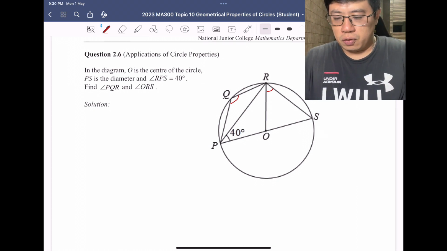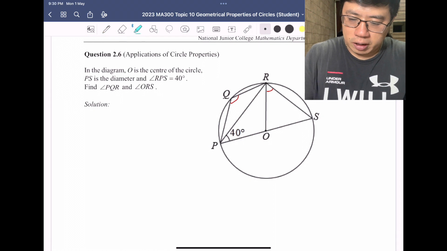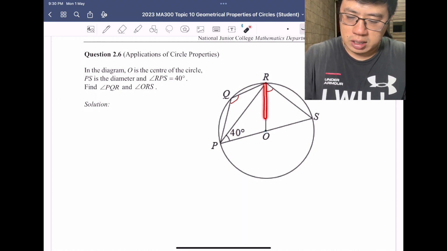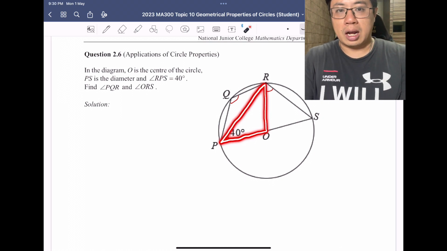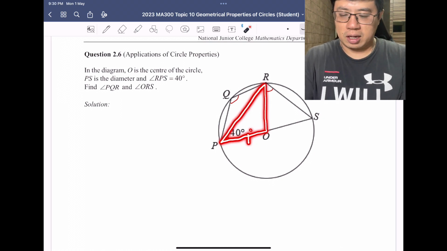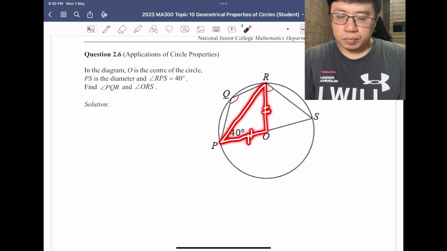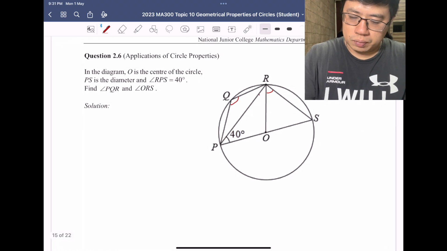Okay, so first, what can you notice is that this itself is none other than a right angle triangle. This is actually none other than an isosceles triangle. So that's one of the favorite things that like to appear in the diagram. You see that this is an isosceles triangle because both OR and OP are the radius, which will tell you that angle PRO is equals to 40 degrees, right?